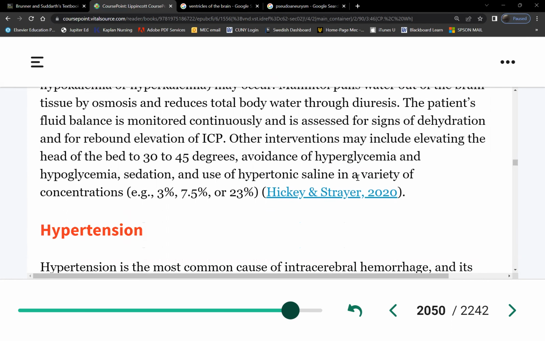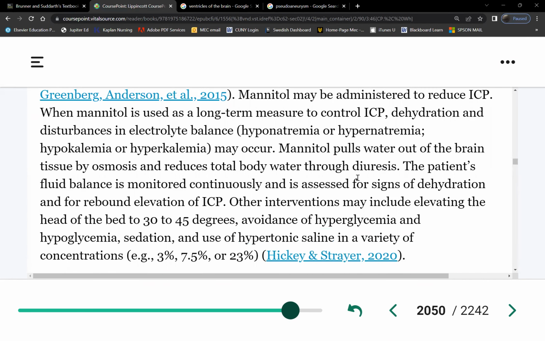And another phenomenon, which is not mentioned here, is that patients with head injury and stroke sometimes develop hyponatremia. We call that salt wasting syndrome. Remember diabetes insipidus, SIADH? The patients here can develop either, because as pressure in the head increases, ICP increases, will it cause pressure on the hypothalamus and the pituitary?